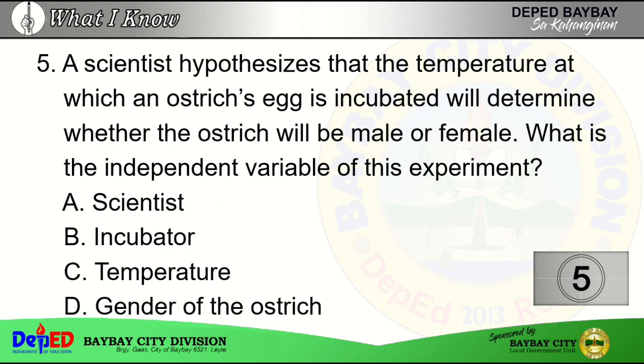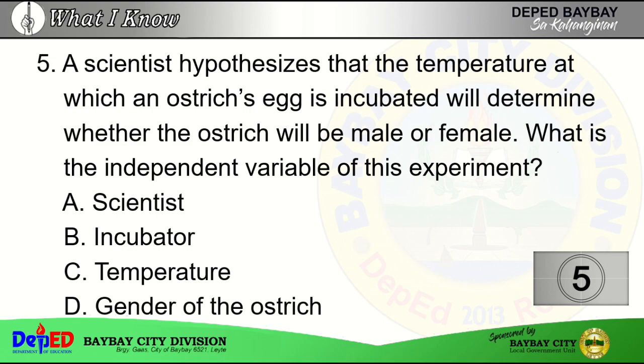Number 5. A scientist hypothesizes that the temperature at which an ostrich egg is incubated will determine whether the ostrich will be male or female. What is the independent variable of this experiment? A. Scientist.